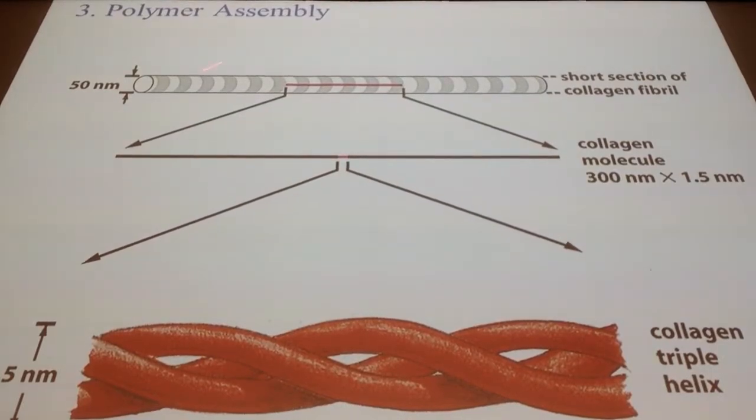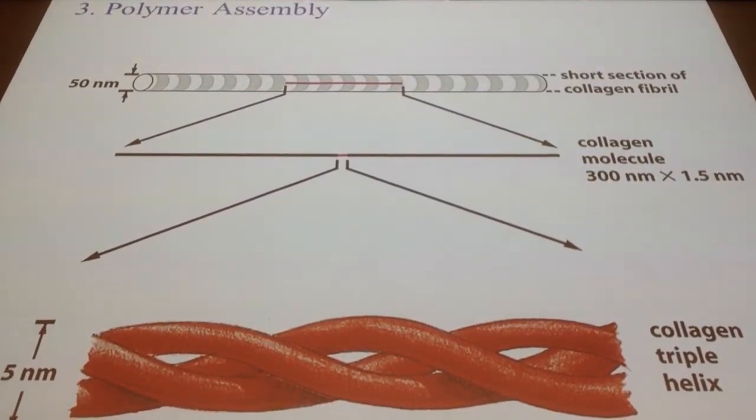Okay, so polymer assembly, or polymerization, is the process of assembling a polymer, right? So polymerization is a way to regulate, a translational modification. You're not adding anything to the protein, but if these proteins interact with one another, then the whole polymer has a function.